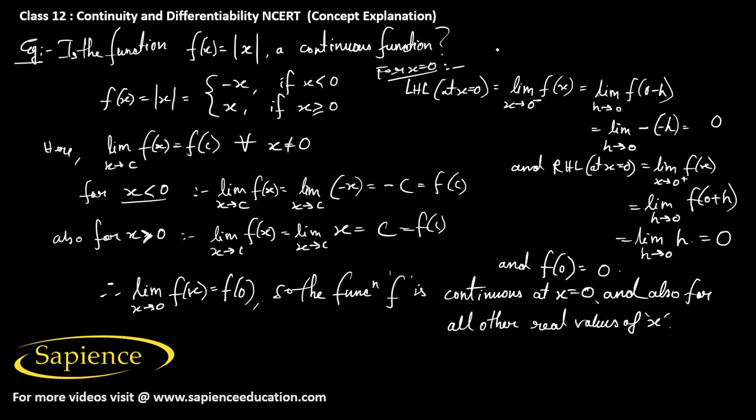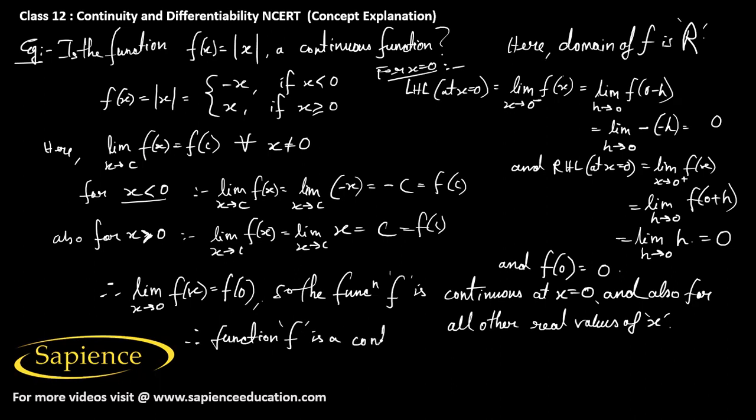Here the domain of the function f is the set of real numbers. Therefore the function f is a continuous function, since it is continuous for all values of x belonging to R.